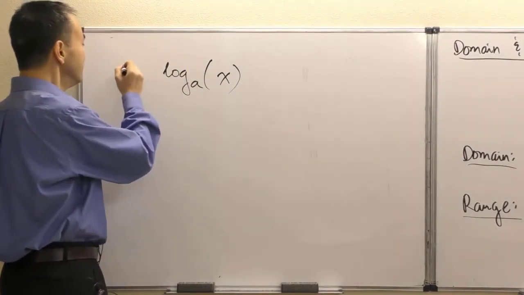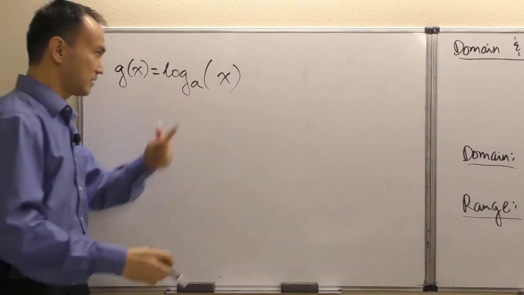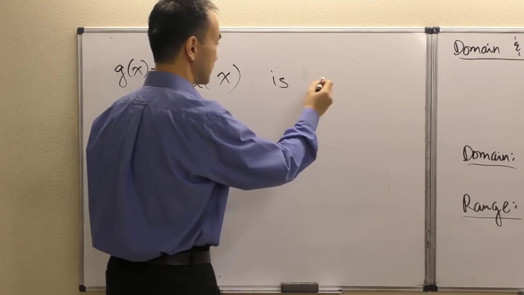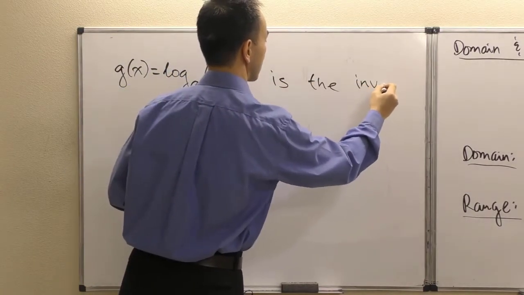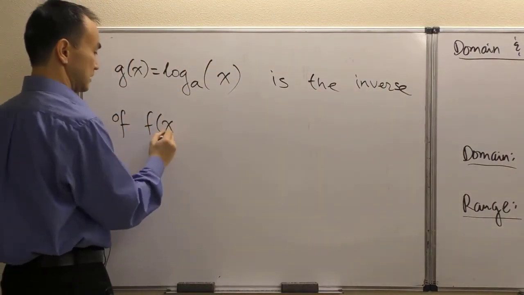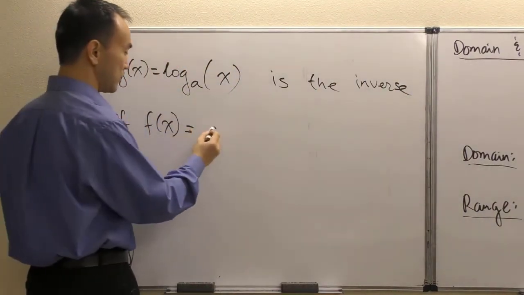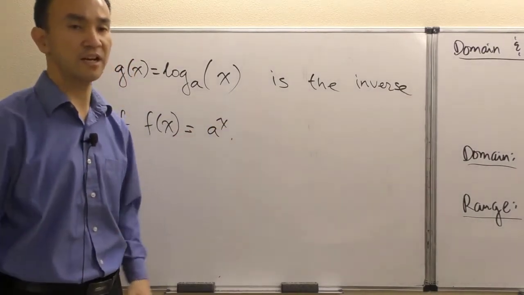If I call that g of x, then we are so clear now that it is the inverse of some f of x function that was an exponential, a to the x. So clear with that information.